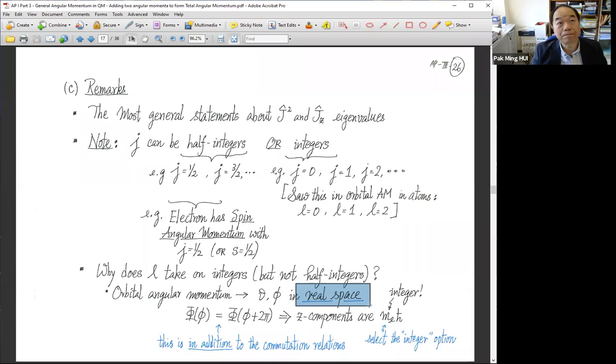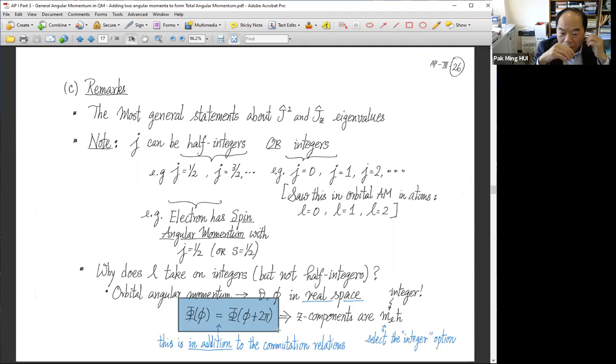So far, so good. But then, in doing this particular orbital angular momentum within the central force problems, you are enforcing one additional physical requirement. You are enforcing that it should be single valued.